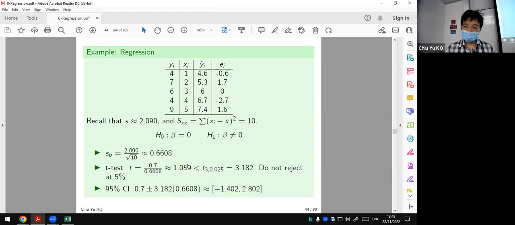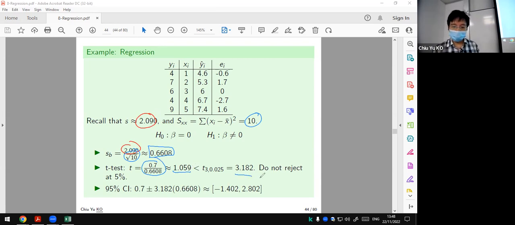Let me highlight, this is the variance, over the square root of 10. Maybe I'll use another color. That is how you calculate S_B. You take B over S_B, which gives you this T statistic, and if it's less than the critical value, then you can't reject it.